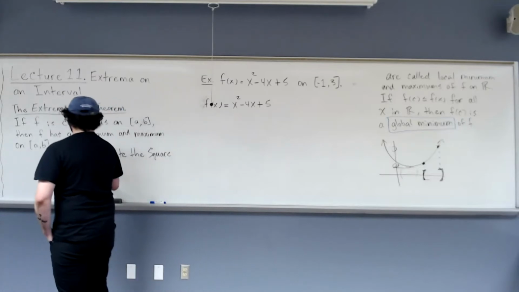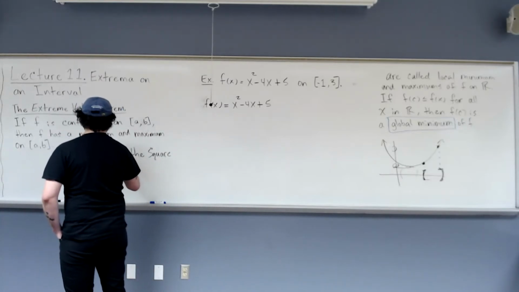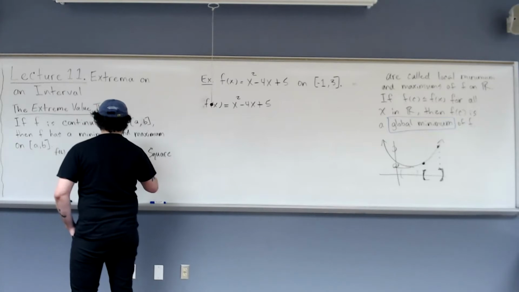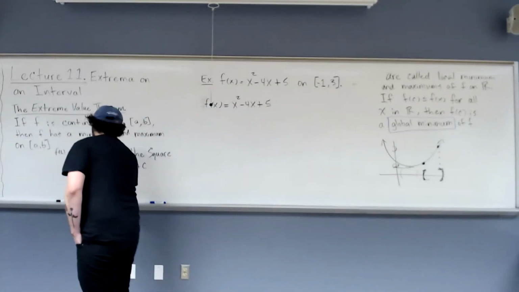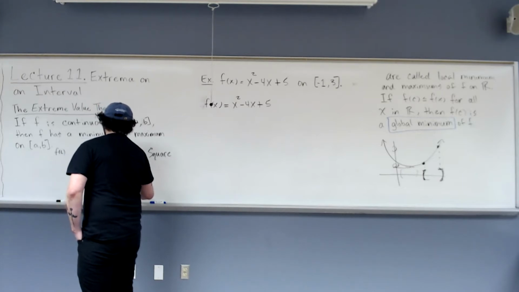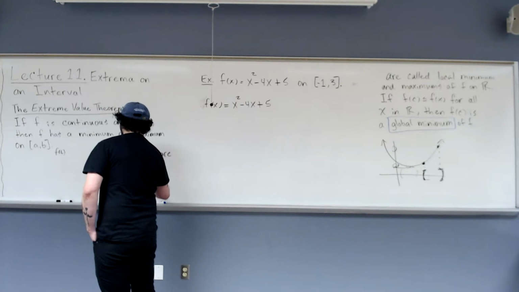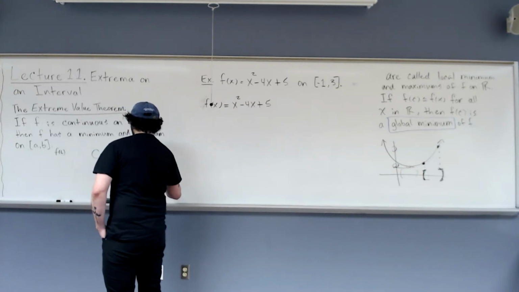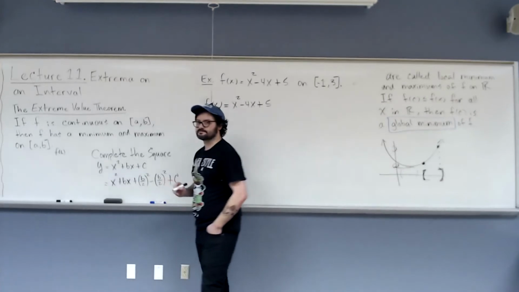So if you have y is equal to x squared plus bx plus c, this is like saying x squared plus bx plus b over 2 squared minus b over 2 squared plus c.